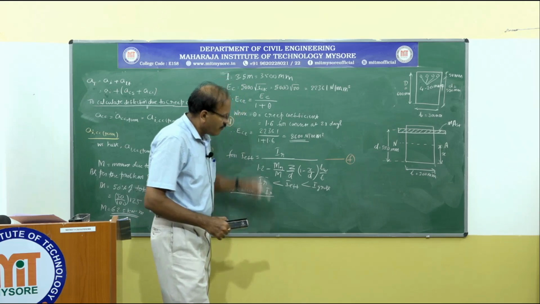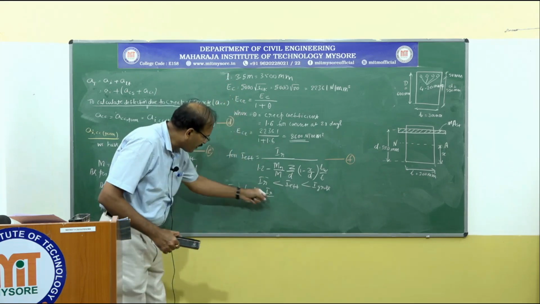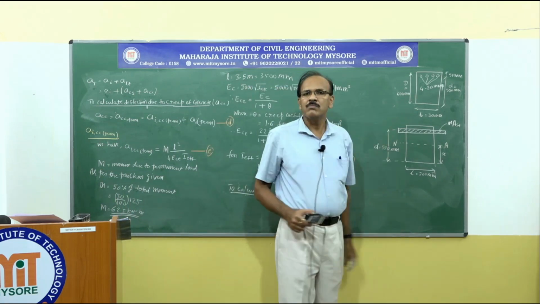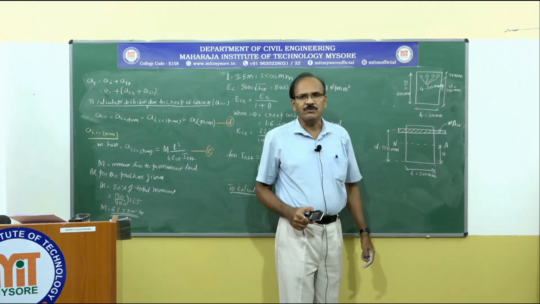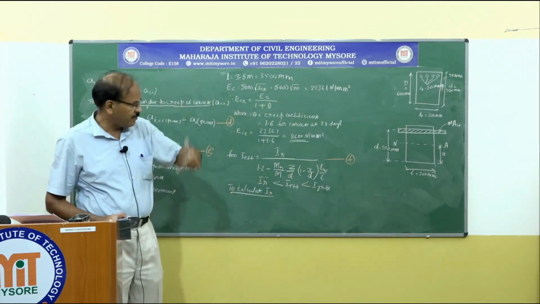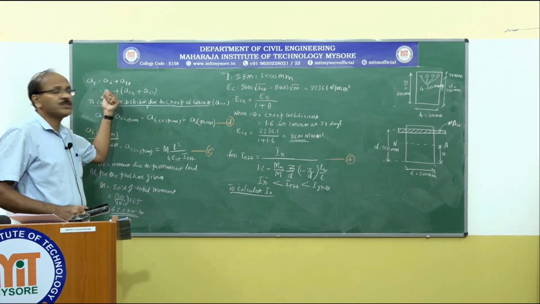Okay. So first thing we need to do is to find out IR. We need to find out what is m. What is the modular ratio? To find out the modular ratio from the previous step example, that is the previous part.